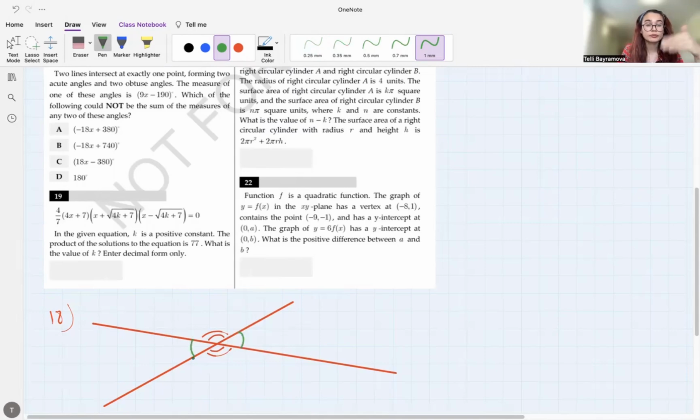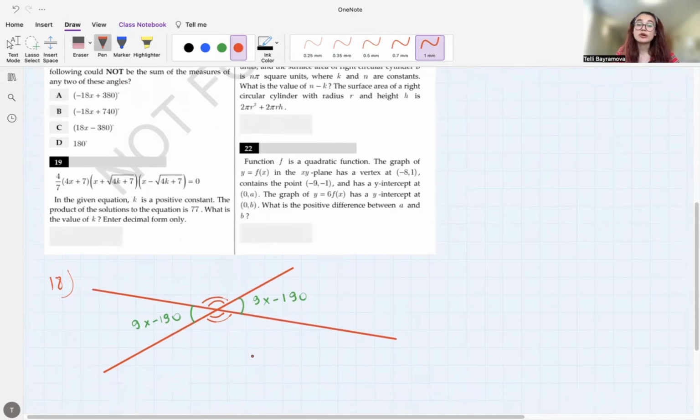Acute angles are equal, obtuse angles are equal. So the measure of one of these angles is 9x minus 190. This one is also 9x minus 190, because vertical opposite angles are equal to each other.